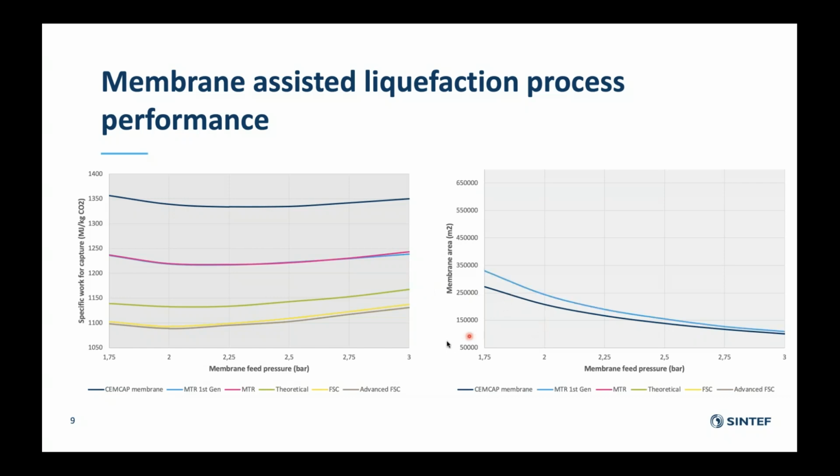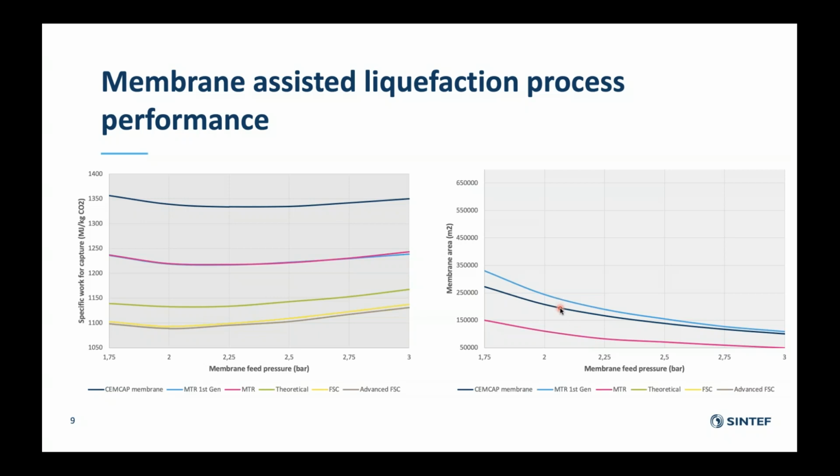The MTR first generation membrane requires a slightly higher area, whereas the MTR membrane requires significantly less.